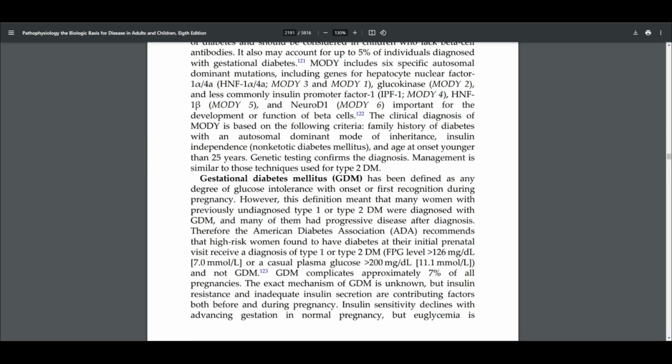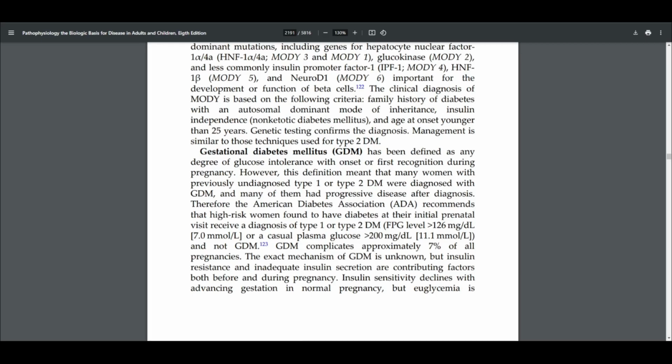Leading us to gestational diabetes, which has been defined as any degree of glucose intolerance with onset or first recognition during pregnancy. However, this definition meant that many women with previous undiagnosed type 1 or type 2 were diagnosed with gestational diabetes, and many of them had progressive disease after diagnosis.